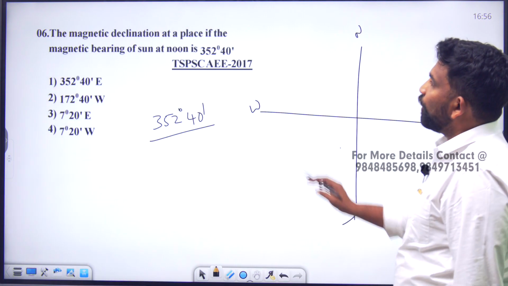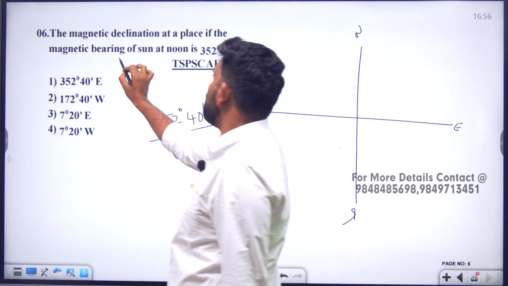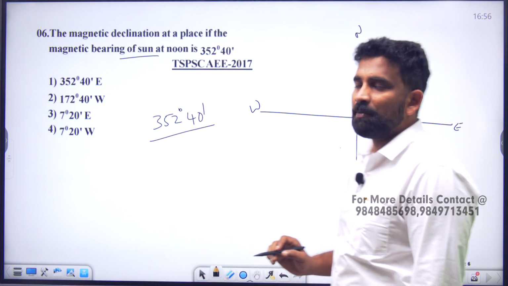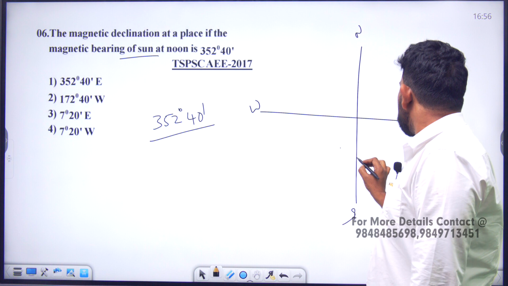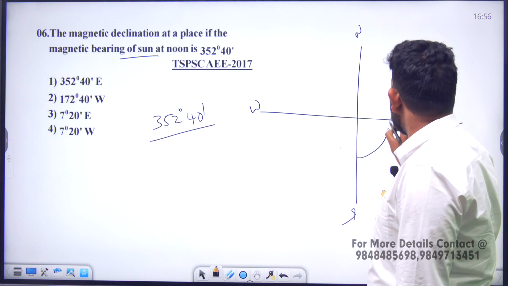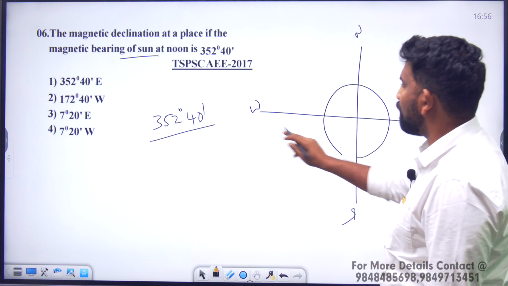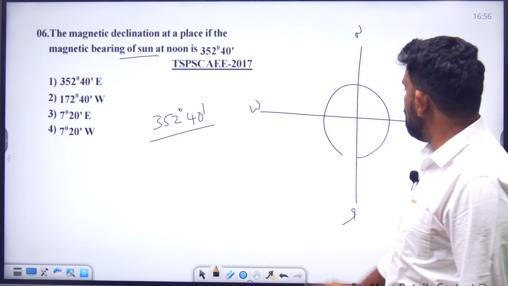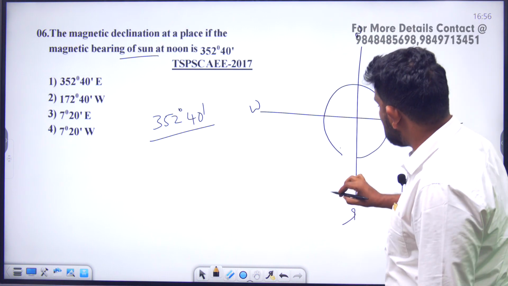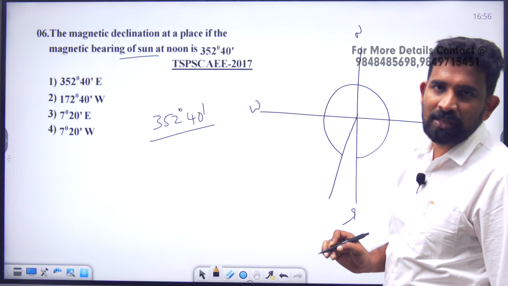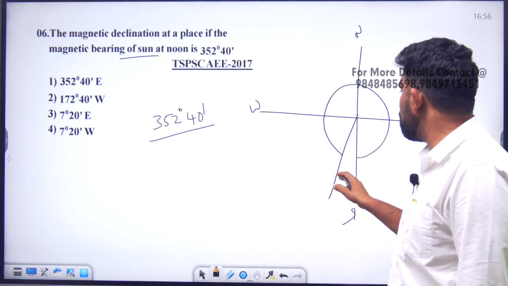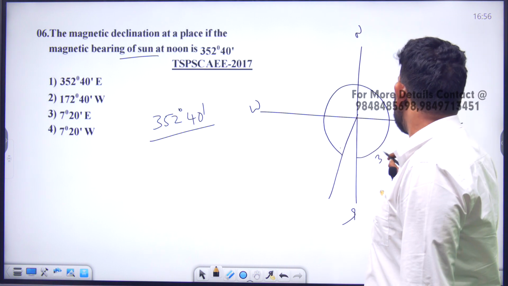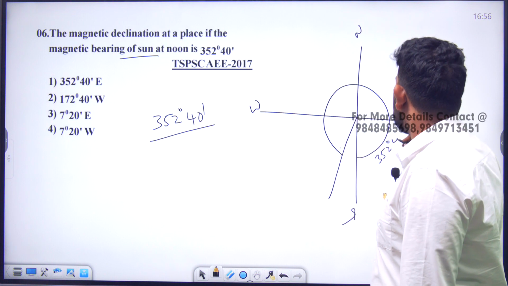Whenever a question comes like the magnetic bearing of the sun, start from south, move in anti-clockwise direction and draw the angle that is given. So 352 degrees 40 minutes will end somewhere at this point. Now this angle is nothing but 352 degrees 40 minutes.